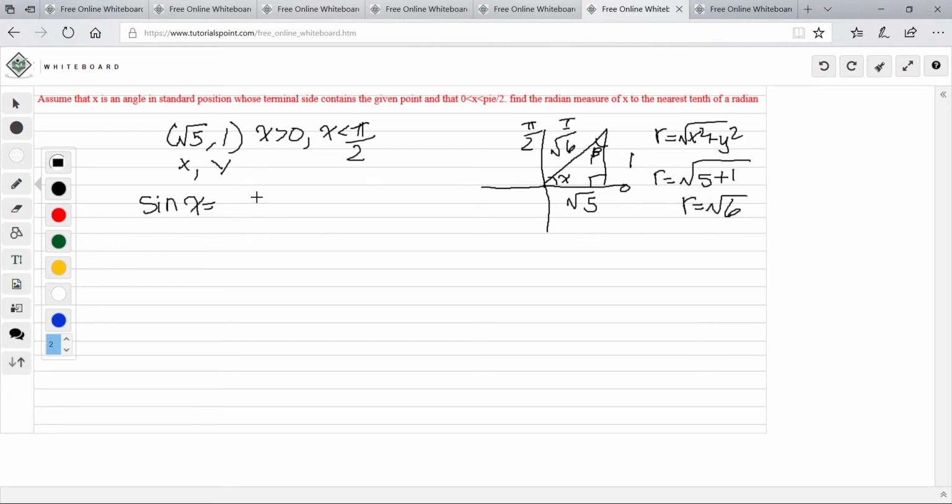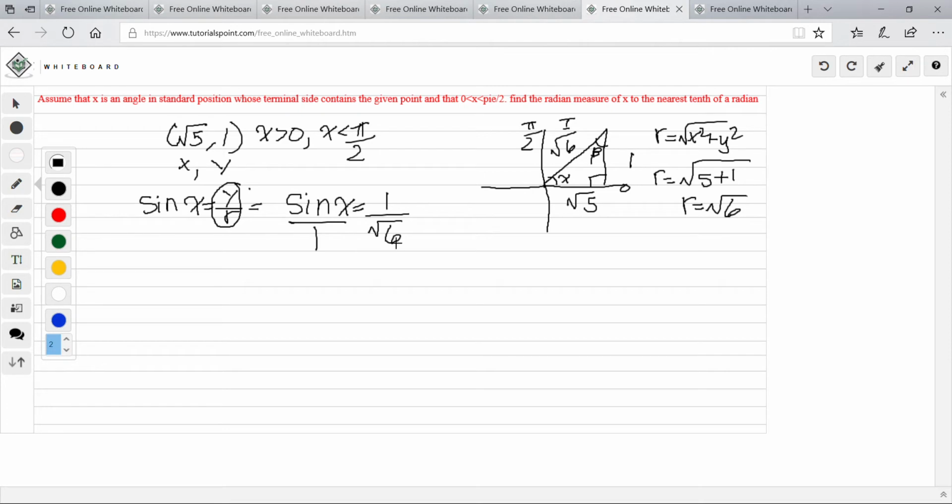We know that sine of alpha is y over radius, or you could do the SOHCAHTOA. In this case, we could actually use y over radius. So here's our x, here's our y, so sine of alpha equals 1 over our radius, square root of 6.